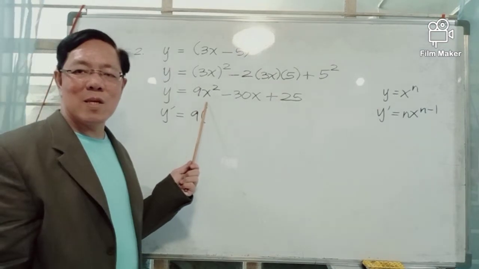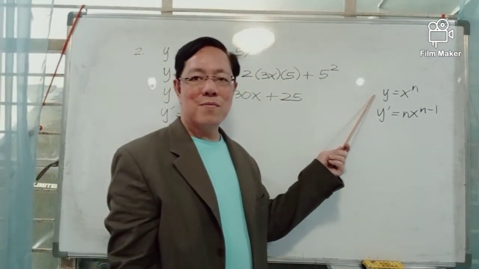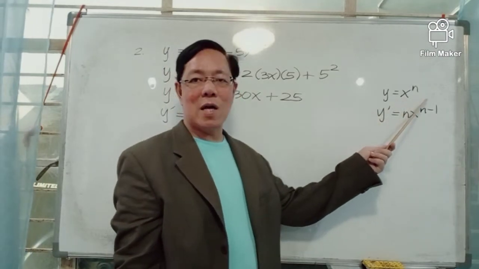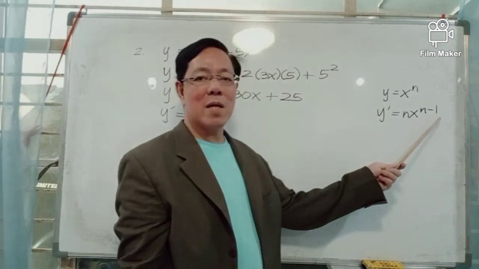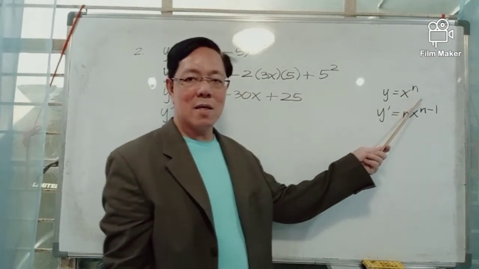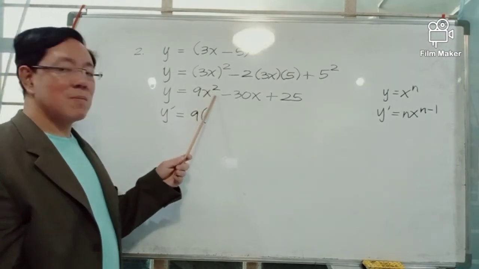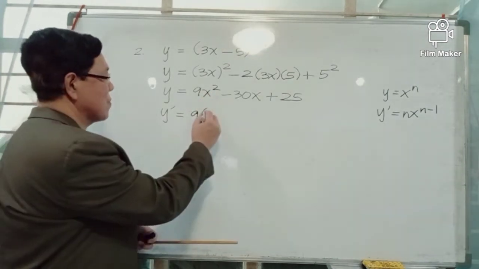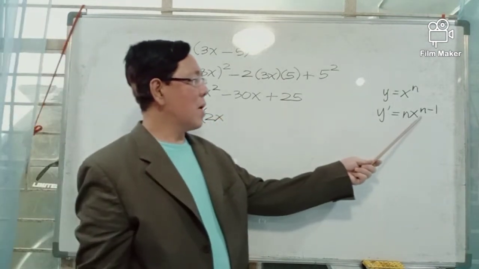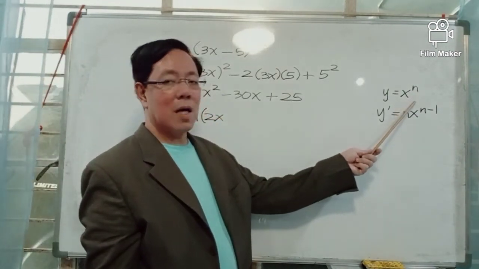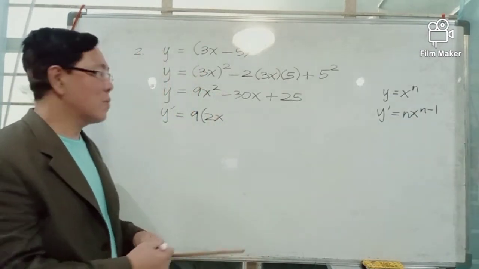Again, to get the derivative of x squared, we apply this theorem 1 for the derivative of x to the n, which is given by n times x to the n minus 1, where n here is 2 in this example. So derivative of x squared is 2 multiplied by x to the power n minus 1. And here, 2 minus 1 is 1.